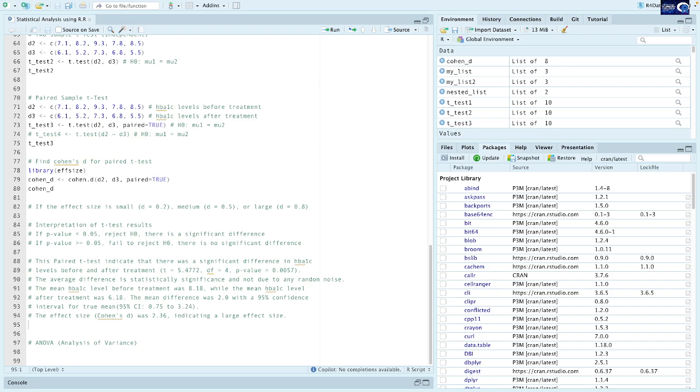Okay, let me put it here. So this actually fit the model like weight equal to beta naught plus beta 1 times height plus an epsilon error term.